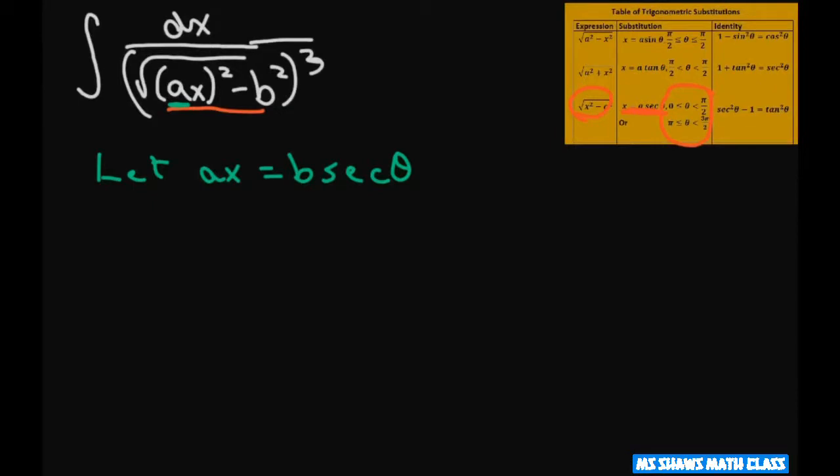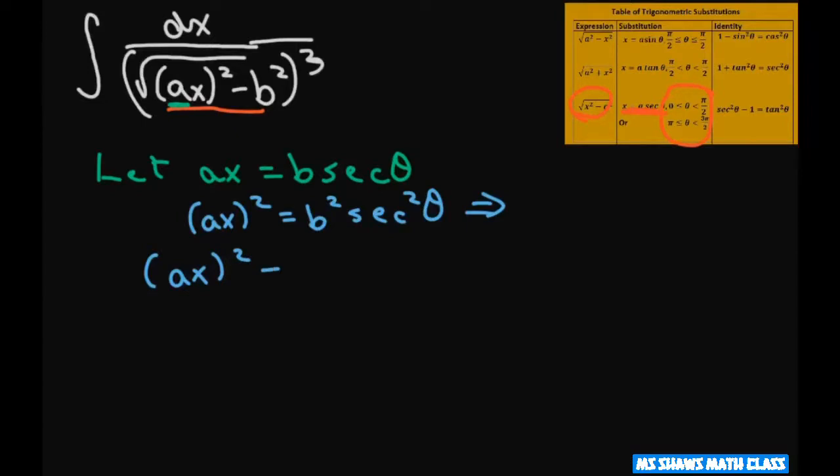Now, when you do that, you're going to get ax squared equals b squared secant squared theta. So that's going to equal ax squared minus b squared, if you subtract b squared from both sides, which is what we have here.